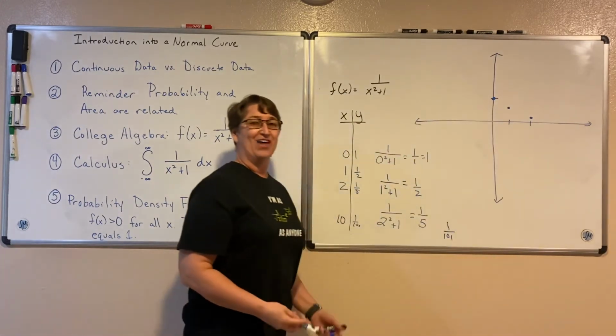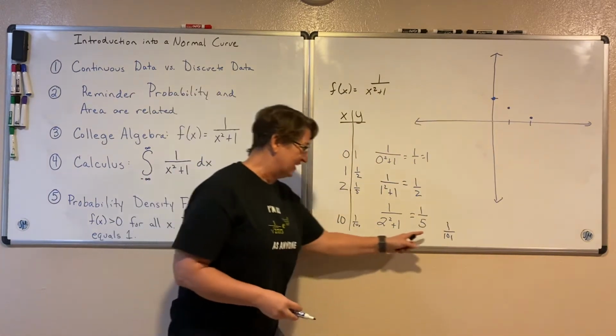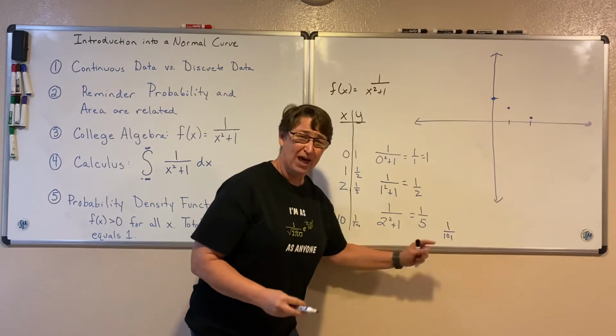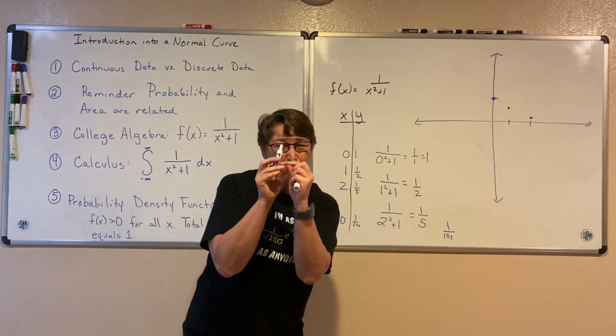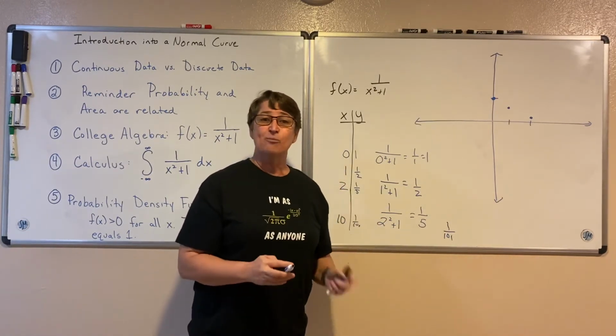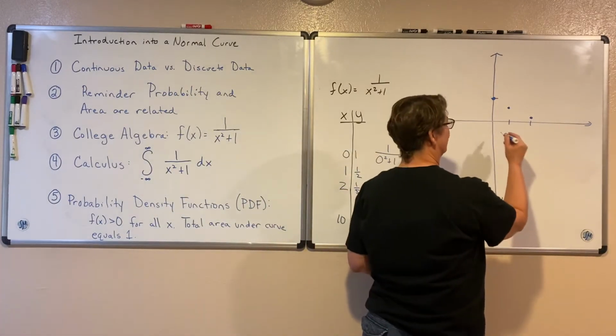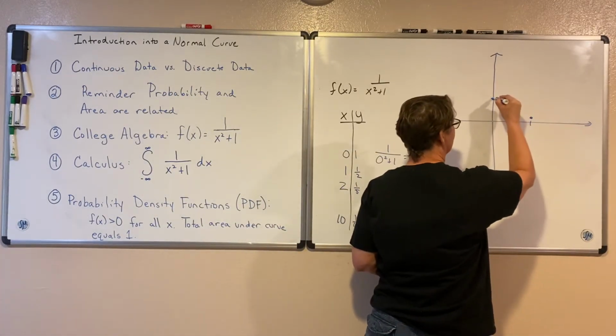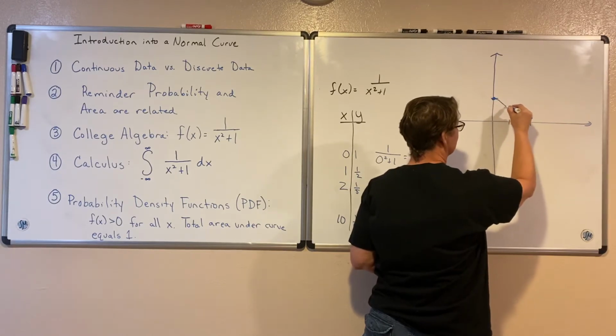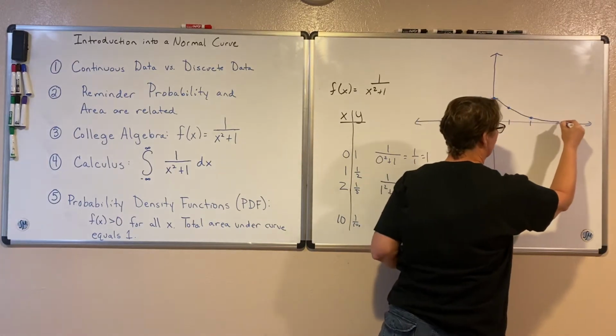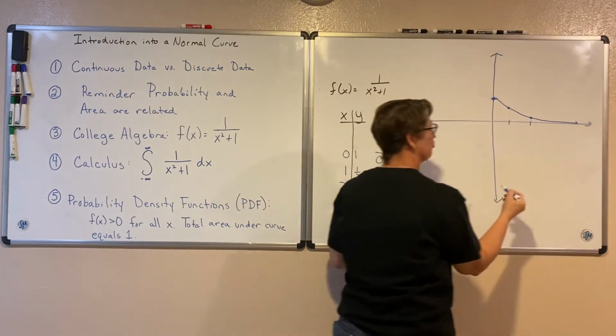But say I pick 1,000 or 1,000,000, I'm still just going to end up with a really big number on the bottom. So my fraction just gets smaller and smaller, but I never make it to 0. We call that asymptotic behavior, so that this is decreasing and getting closer and closer to 0, but never reaching it.